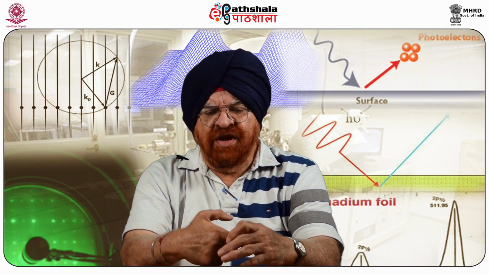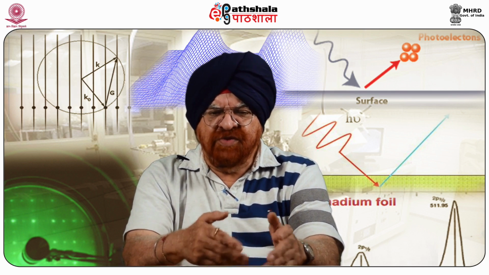By counting the number of photoelectrons and Auger electrons as a function of their energy, a spectrum representing the surface composition is obtained.